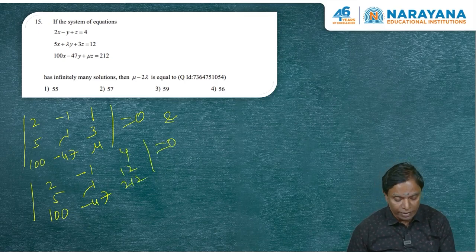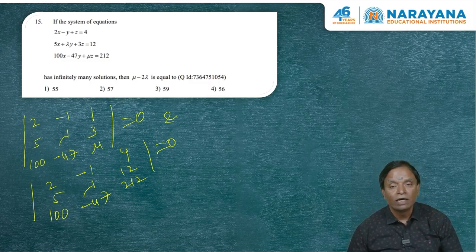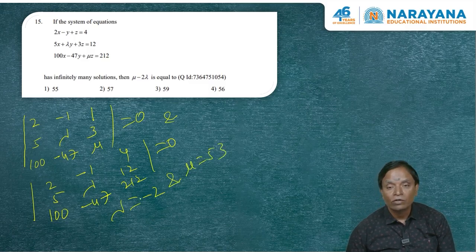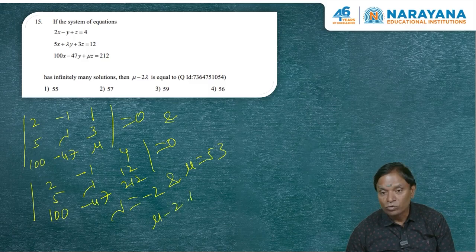Now expand these determinants and you can get the values of λ and μ. You can observe clearly your λ will be −2 and μ will be 53. You want μ − 2λ, this is nothing but 53 + 4, which gives you 57.